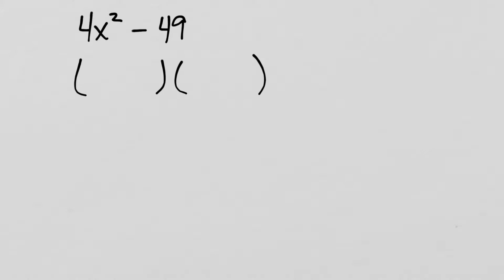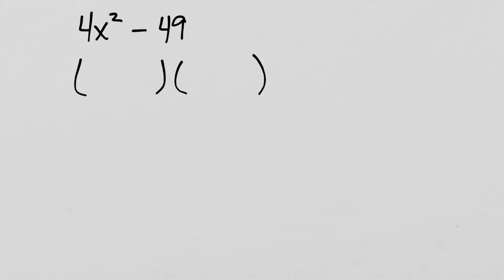Okay, so if we go through another example here, let's say 4x to the second power minus 49. All right, so again, the goal is to factor them as a set of binomials.